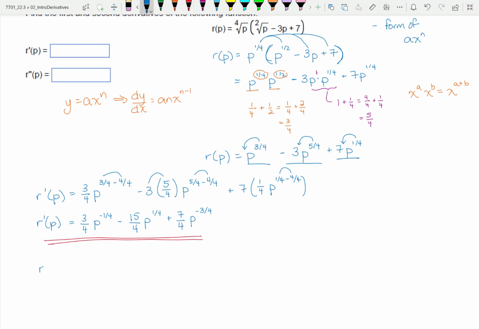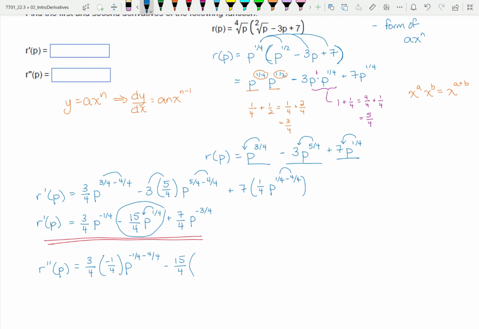For my second derivative, I'm going to continue to use the power rule, looking at this one term at a time. So my first term, 3/4 p to the power of negative 1/4. 3/4 is the coefficient, it just goes along for the ride. I pull back that exponent of negative 1/4. P to the power of negative 1/4 minus 1, or minus 4/4. Looking at our next term, negative 15 over 4 will be the coefficient that just goes along for the ride.